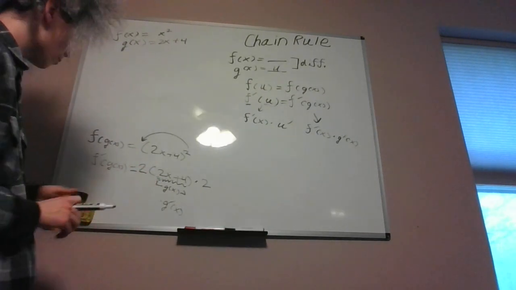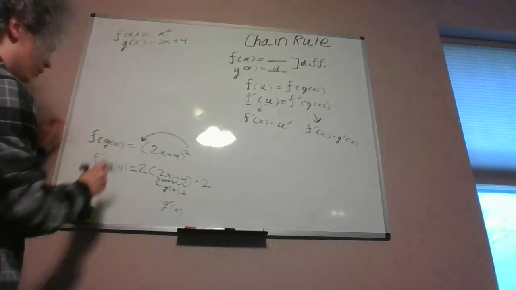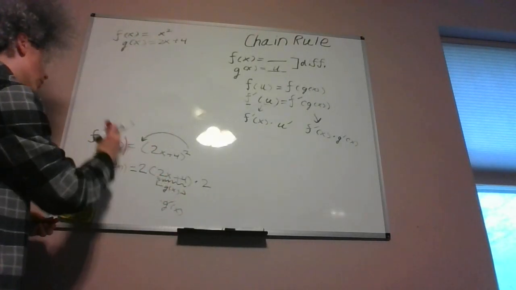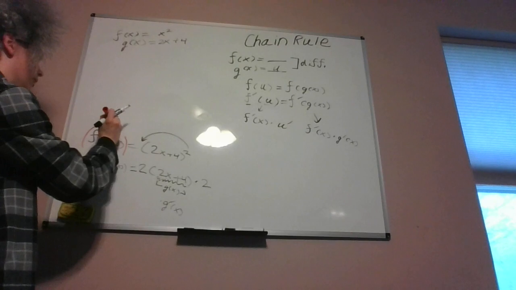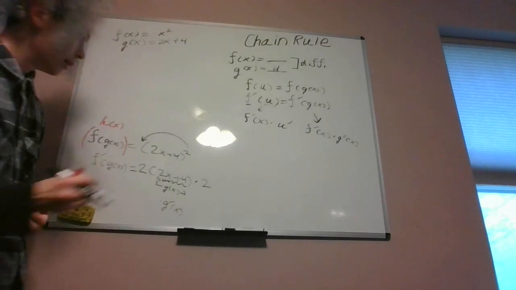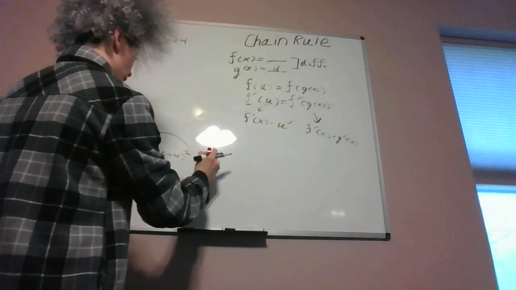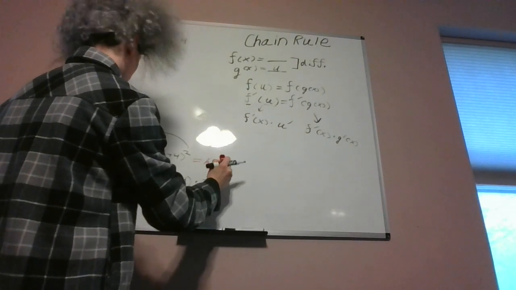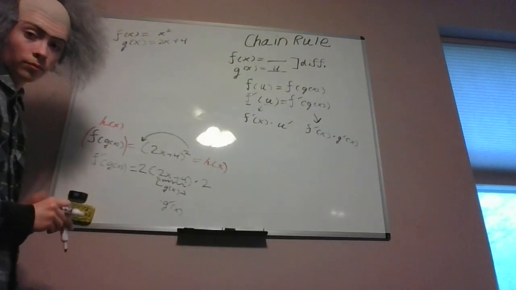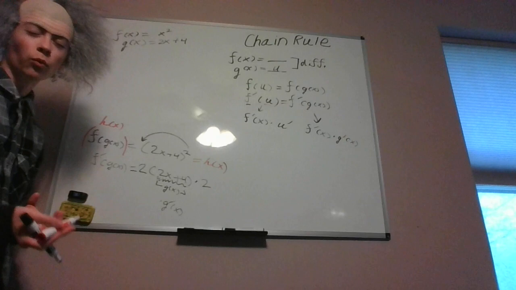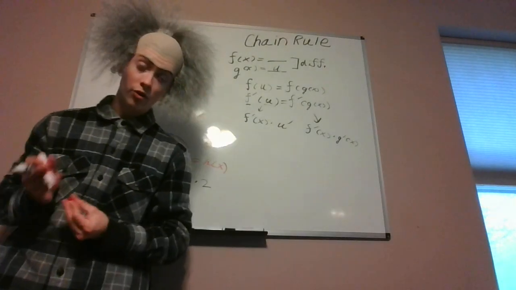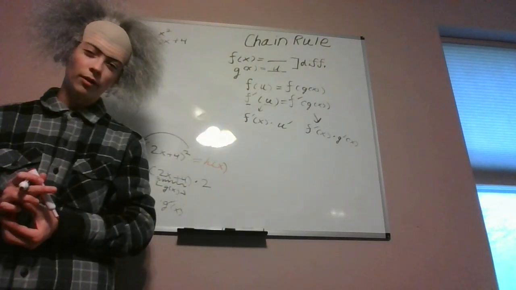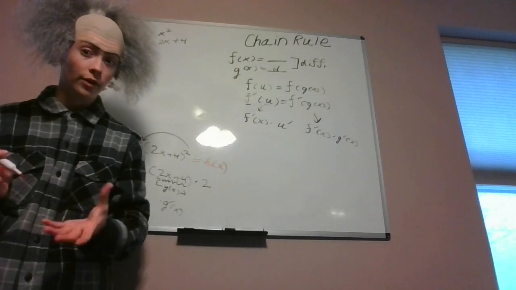Okay. Now let's go all the way back. Let's say this f of x function is equal to h of x. So it's the same thing. We don't have to worry about composition functions. Composition functions are a great way to teach the chain rule, but the chain rule applies to every single function.